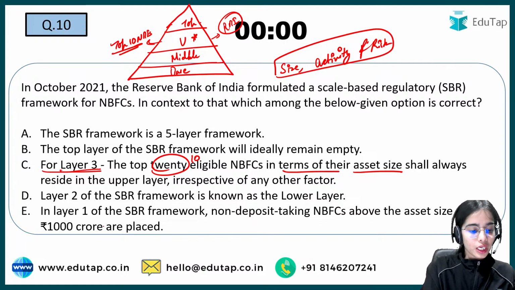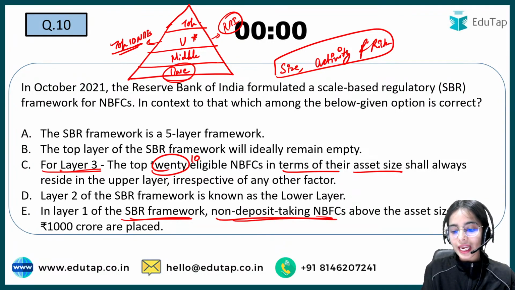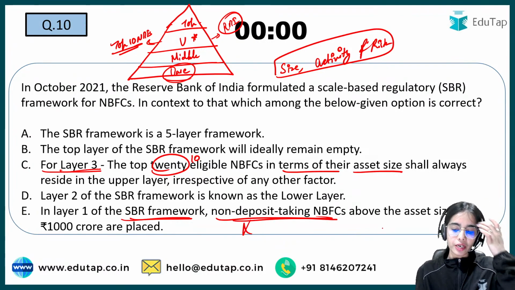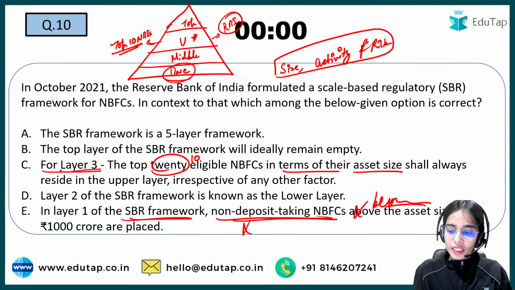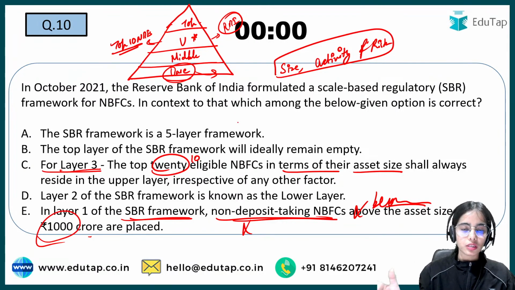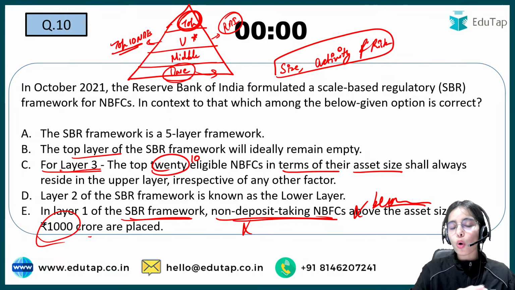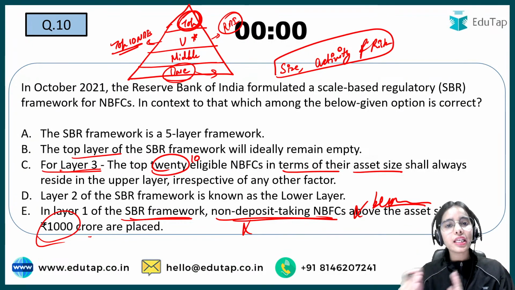Okay, so in layer 1, that is the base layer of the scale-based regulatory framework, non-deposit taking NBFCs that are below the size of 1000 crores are placed in the base layer, and they follow the minimum of the regulations from the RBI. The top layer of the scale-based regulatory framework will ideally remain empty, not always, but ideally.